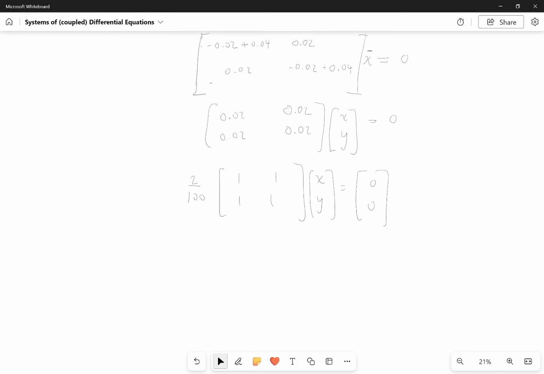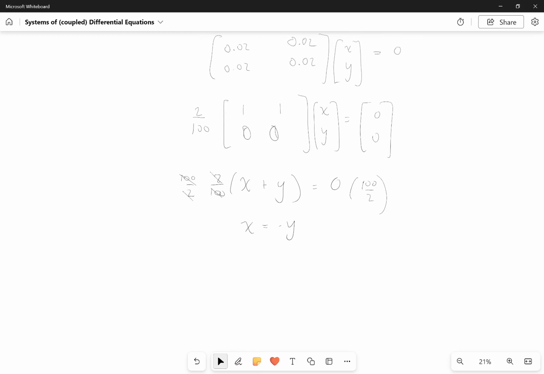Okay, and if you do row 2 equals row 2 minus row 1, then this becomes 0, 0. And what we have is x plus y times 2 over 100 equals 0. And you can cancel that out because I'm going to multiply both sides by 100 over 2, this is going to cancel. And we get x equals negative y.